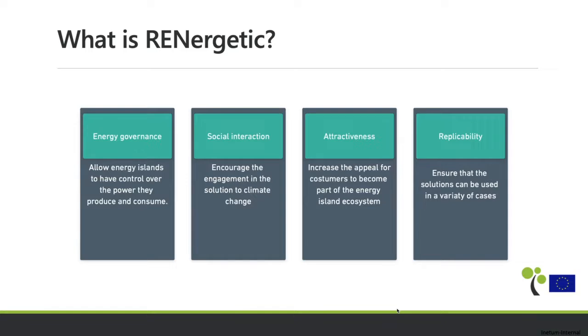Also, it is important for us to increase the attractiveness of renewable sources and the control and possibilities that they offer, not just for climate reasons, but also from a business standpoint. And finally, and I think this is the most important of all for us, is the replicability.